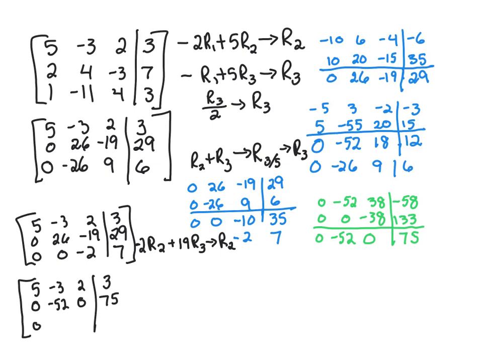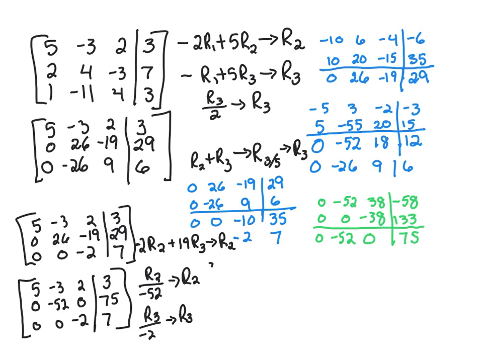Row 3 was 0, 0, minus 2, and 7. So now let's go ahead and get ones on those two. So row 2 divided by minus 52, replacing row 2. Oh, I'm going to have to make this smaller and give myself more room, huh? Row 3 divided by minus 2, replacing row 3.